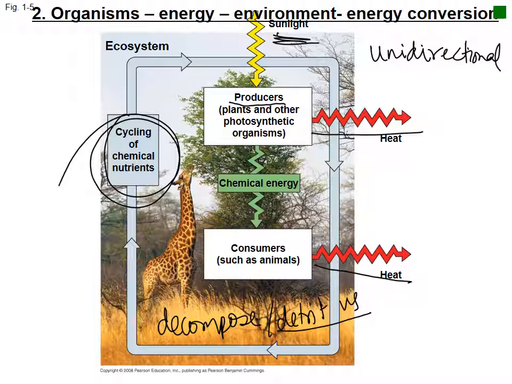At every conversion, every transfer of energy, there is some amount of heat being lost into the atmosphere, and that's it. You can never catch it back again. So you can have cycling of the nutrients, chemicals, but energy is unidirectional. You can never recycle energy. Okay.